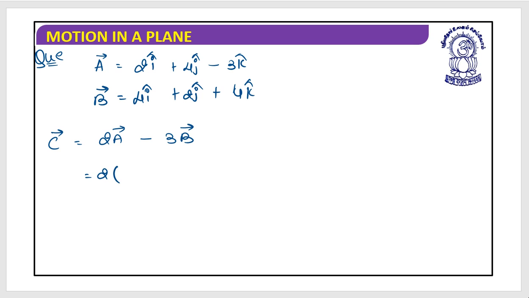So first you need to perform 2 into a. This a is 2i plus 4j minus 3k, and minus 3 into b, that means minus 3 into 4i plus 2j plus 4k.